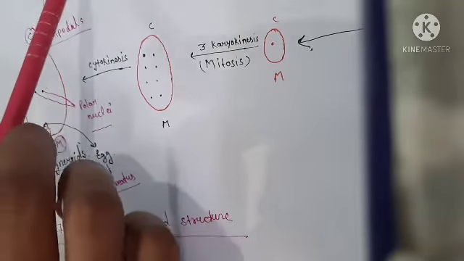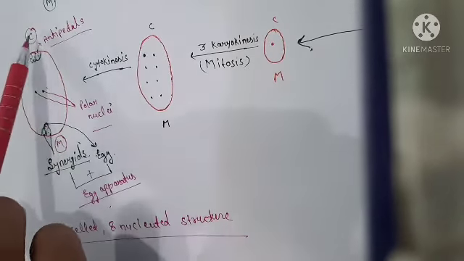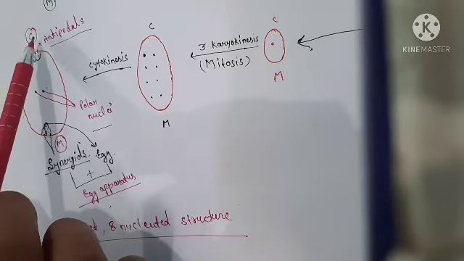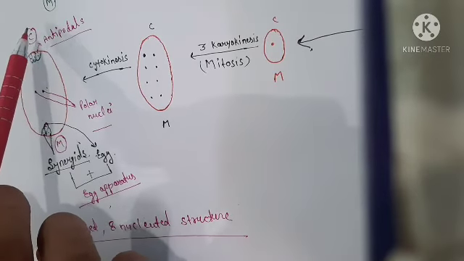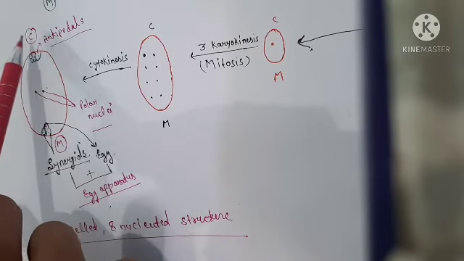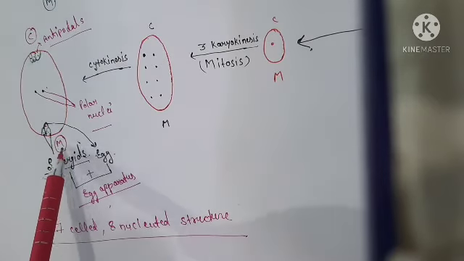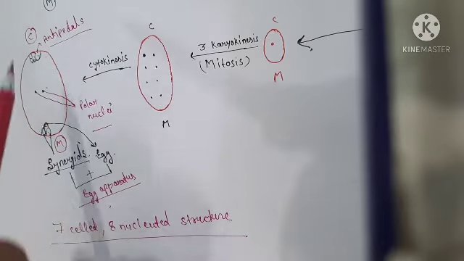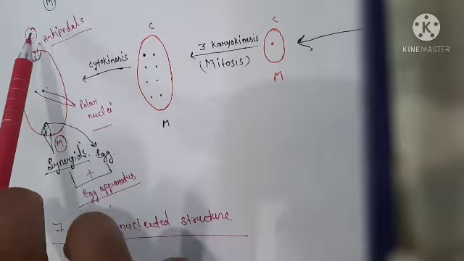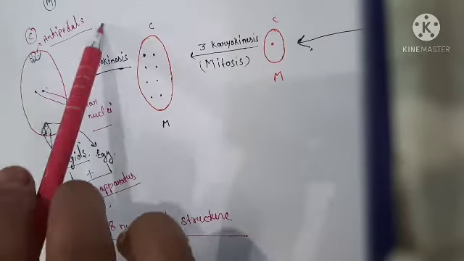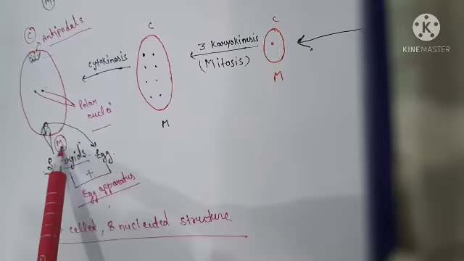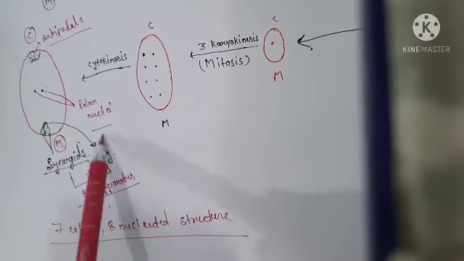If we draw the same diagram and reverse it, so that the chalazal end is at the lower side, then the antipodals come at the lower side. At the chalazal end antipodals are formed, and at the micropylar end synergids and egg are formed.